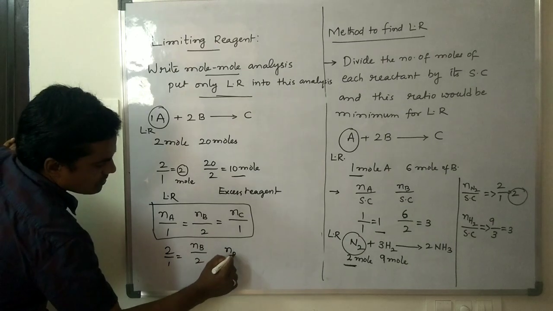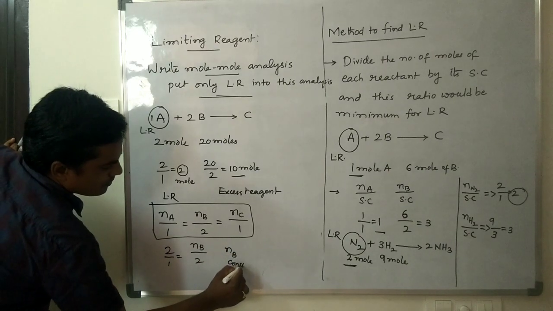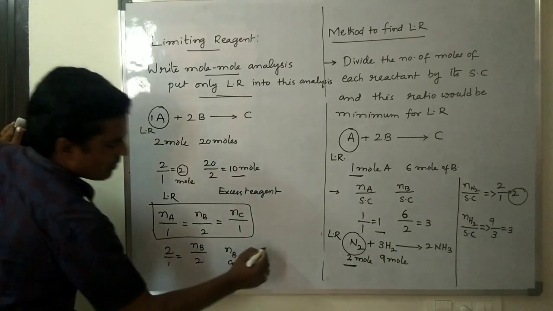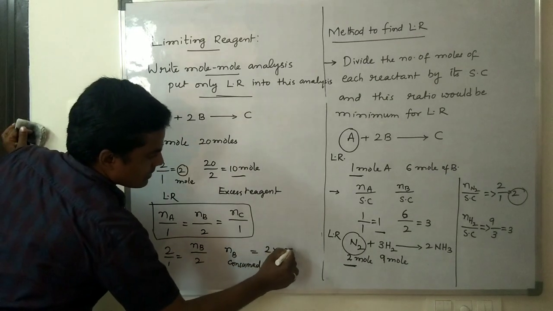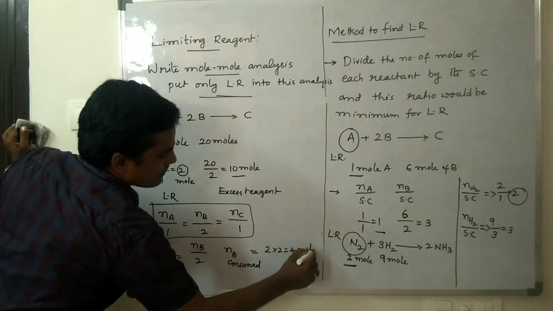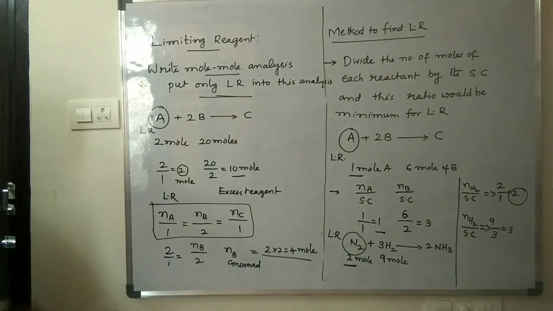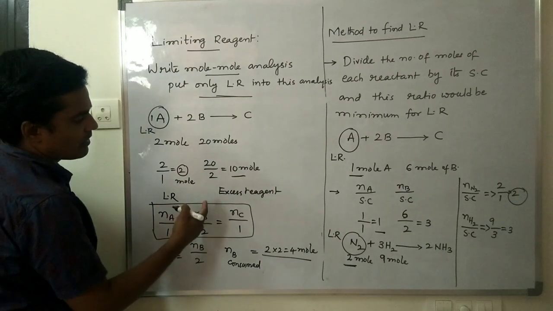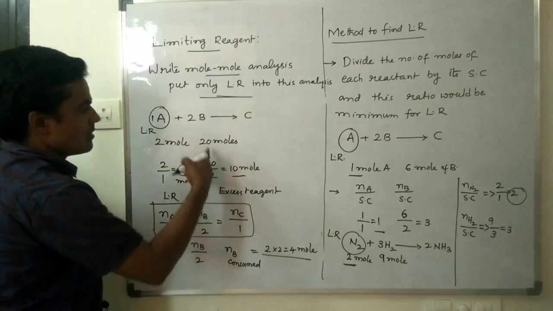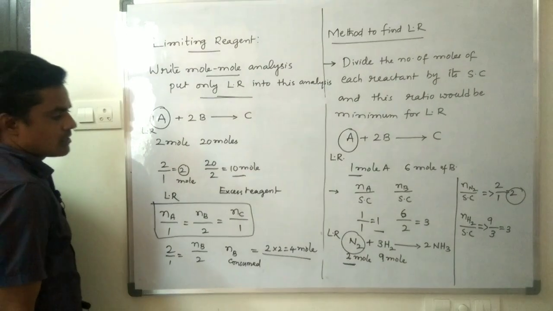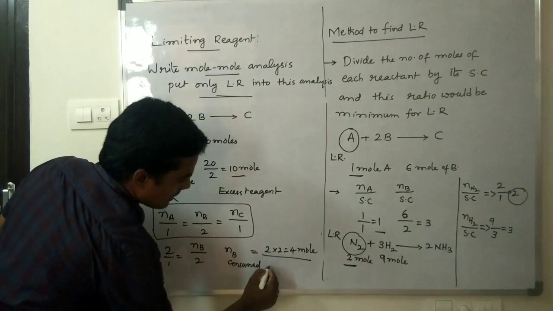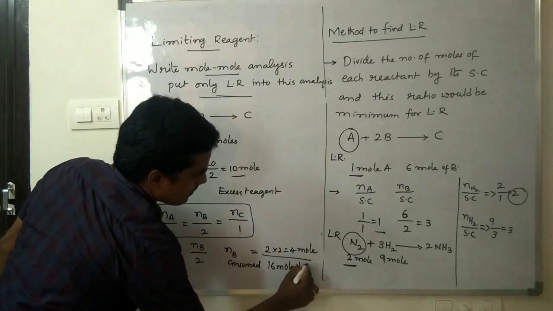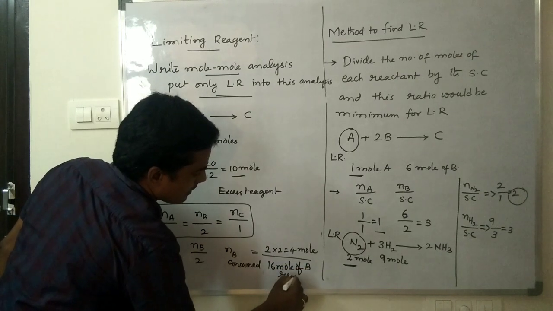Cross multiply: 2 into 2, equal to 4 moles. Here 4 moles of B are consumed in this reaction, and how many moles of B are left over? Here a total of 16 moles are left over in the reaction. 16 moles of B remaining.